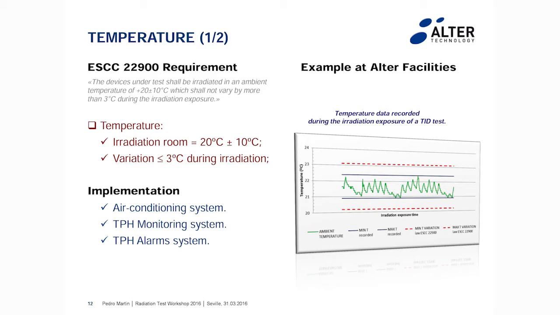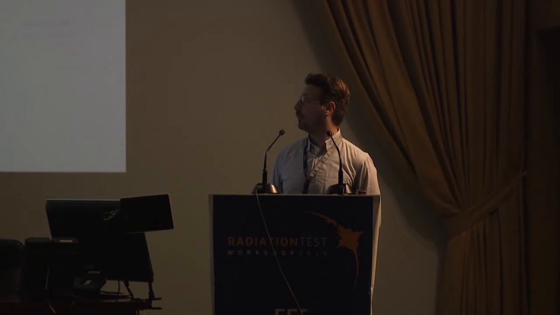And now we are going to talk about temperature. We can divide the temperature during the radiation exposure, and the most interesting requirement is that the variation during the radiation has to be lower than 3 degrees.